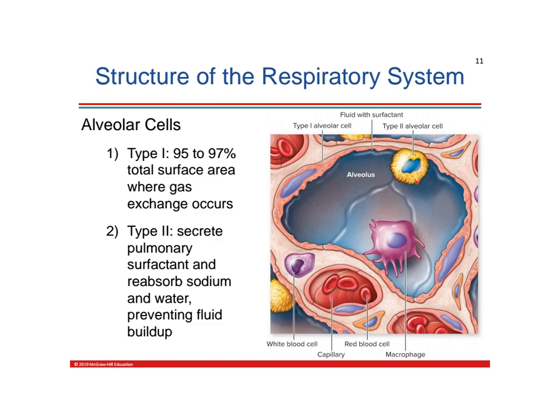Now, the type 2 alveolar cells also reabsorb sodium and water. Occasionally there may be too much water in an alveolus, and that's bad. So they reabsorb the water, and the water then ends up in the interstitial space. This prevents the buildup of water, which would be bad because, if you can imagine what would happen if there was a lot of water, this would increase the diffusion distance, and that would decrease the diffusion rate.